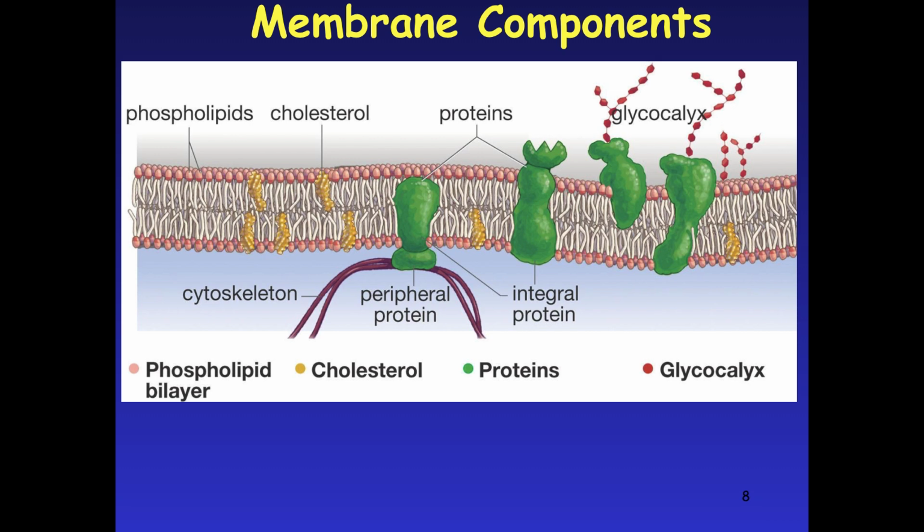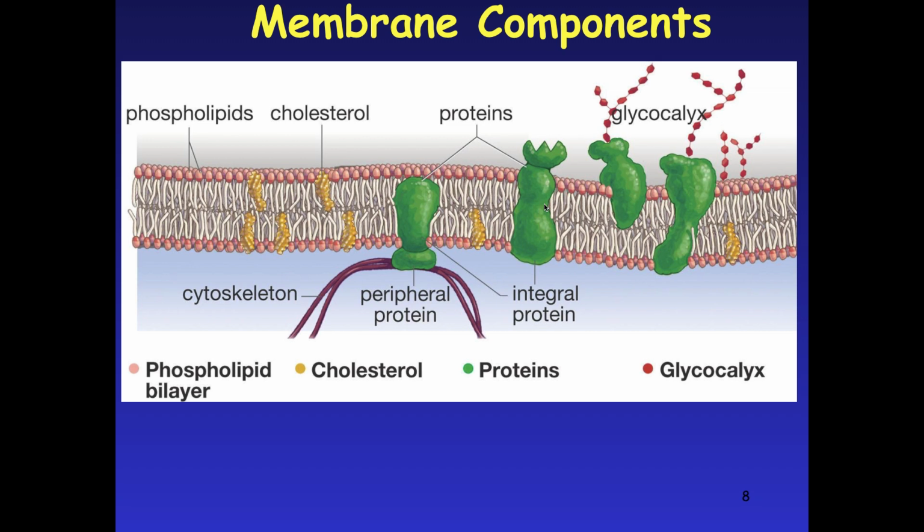Periphery means on the outside. So it's kind of on the outside. It doesn't go all the way through the phospholipid bilayer. And we can see that this peripheral protein is a binding site or an attachment site for the filaments that hold together the cytoskeleton.